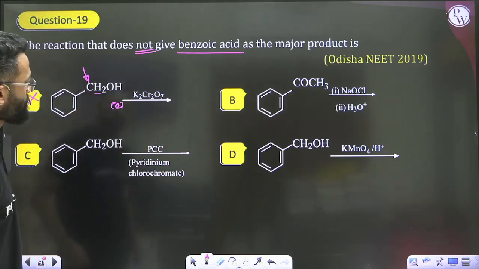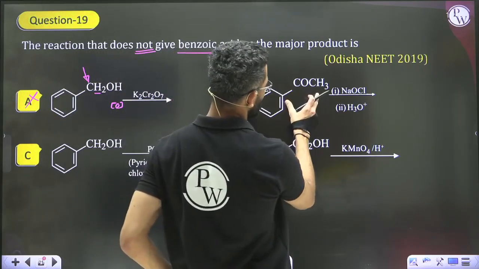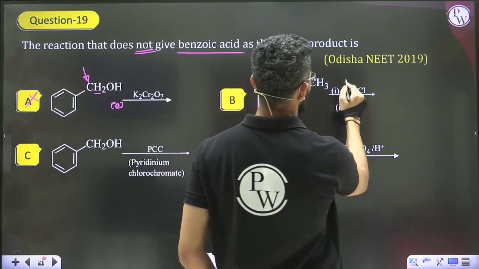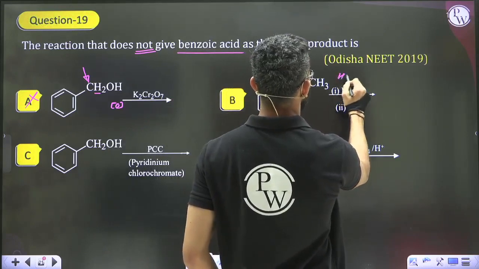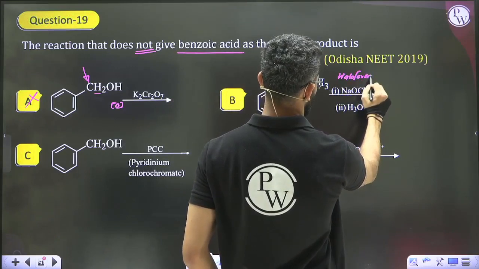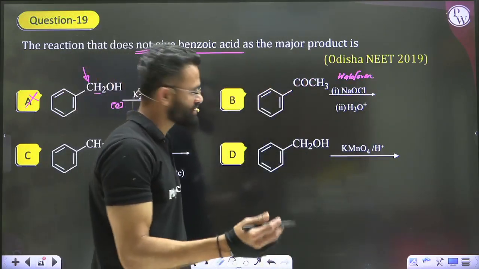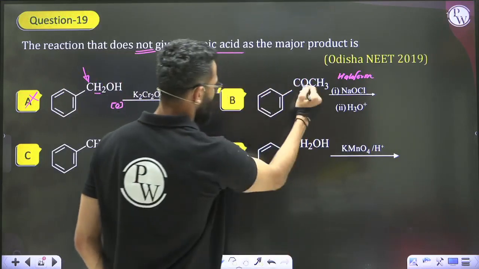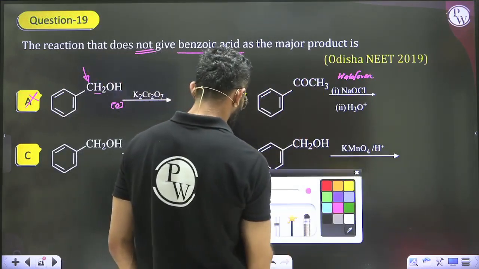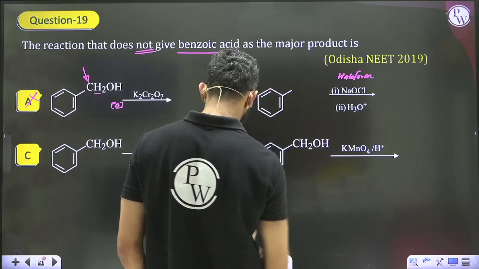Right? Next one, if you observe here, they have given us acetophenone and NaOCl, meaning they are talking about haloform reaction. So how do we write the product of haloform reaction? Well, a simple trick I'm sure everyone must have studied. I'll correct this to COCH3. I'll try to write it in a little different way so that understanding the reaction would be easier for us.